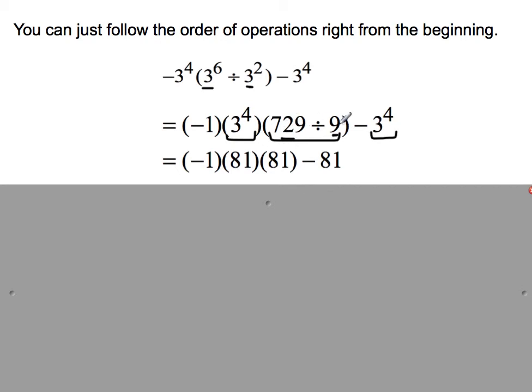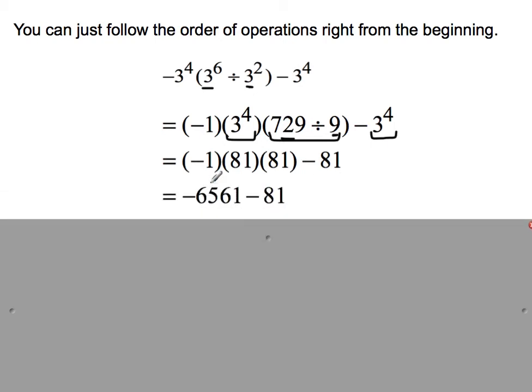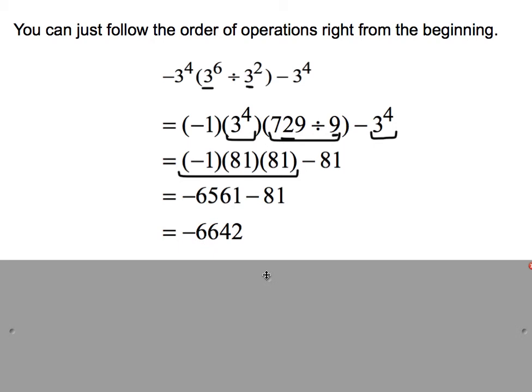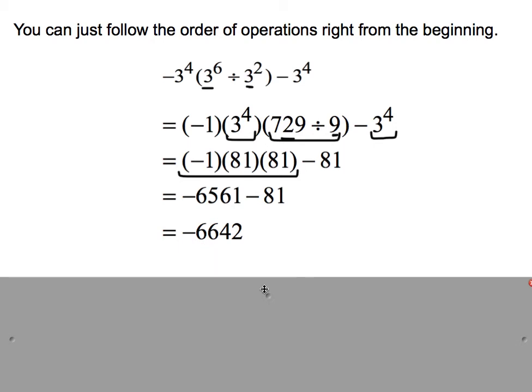So 729 divided by 9 is 81. 3 to the power of 4 is 81. And 3 to the power of 4 is 81. They're all kind of separate, so you can do them at the same time. And then this whole thing is multiplication, so we have to do that next. Negative 6,561. And now I subtract. So same answer.